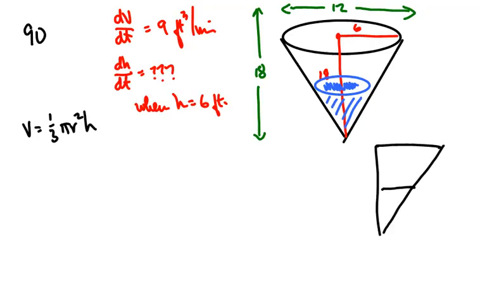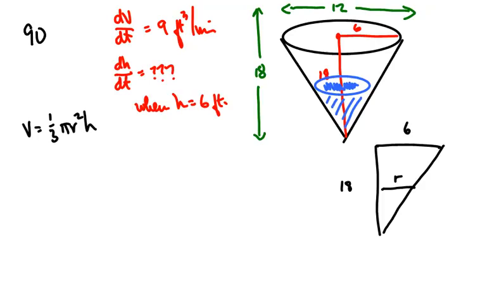To do this, we're going to set up a system of similar triangles, and we know that for the larger triangle the base is 6 and its height is 18. The radius of the base of the smaller triangle is the radius of the water in the cone, and that radius is changing, so we're going to call that r.